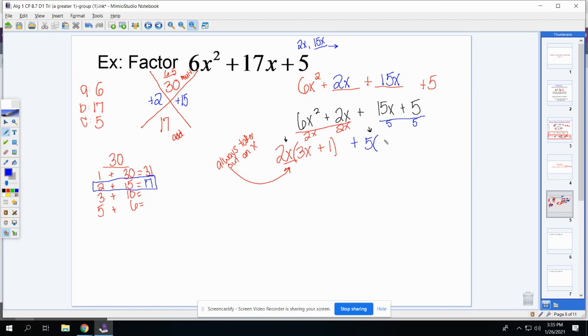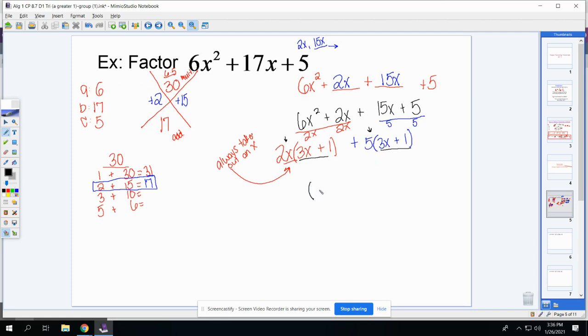Now 15x divided by 5 gives us 3x. 5 divided by 5 gives us 1. Hopefully you are able to see the relationship between our parentheses, 3x plus 1, 3x plus 1. Those are the same set of parentheses. That tells us we did the question correctly.